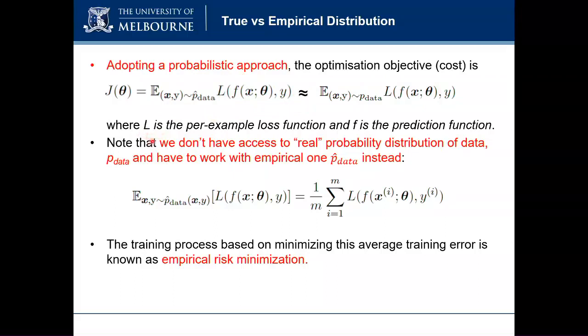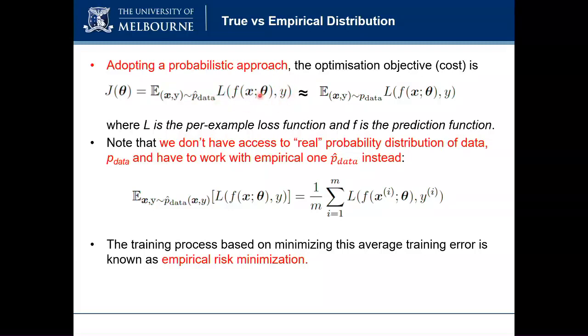Then L, inside the sum, is the per example loss function, right? And F is the prediction function. If I'm doing a regression with my neural network, F could be a neural network actually. F of x, theta: x will be the input, theta will be the weights of the neural network, and F is the function that represents the neural network like we have done before, right? And y will be then the output.